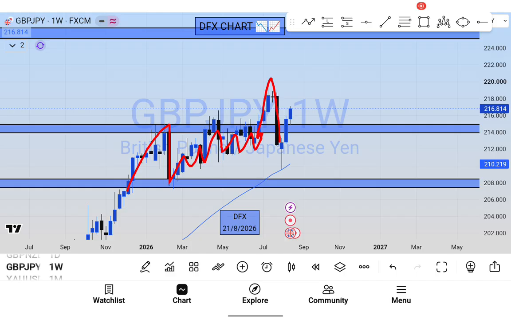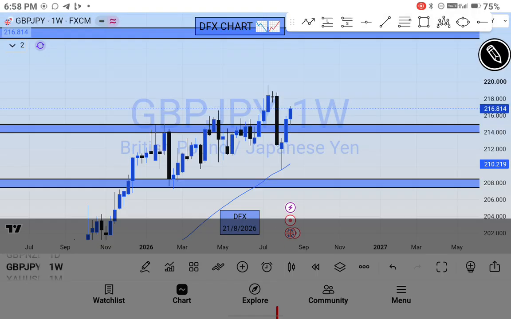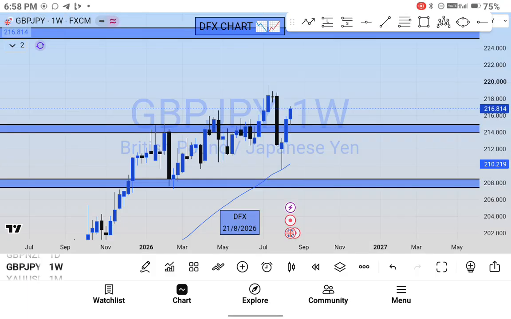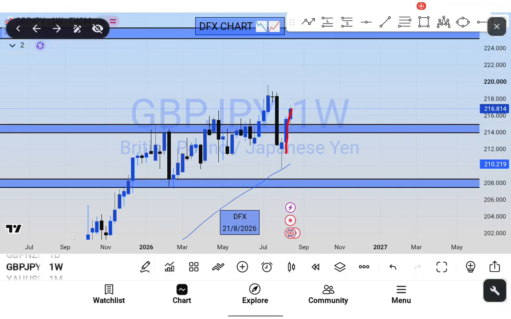We break above, drop. I was expecting a retest here, then we drop to the downside, but unfortunately we have a candlestick formation here. This is a morning star candle formation, and we've gotten a break above. We also have a weekly candle closing above this support level that is now going to become a resistance, this resistance that is going to become a support.